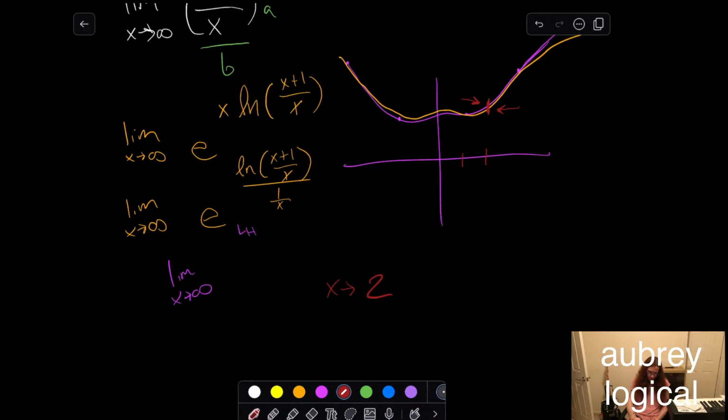So the limit here would be 2 because y is at 2.